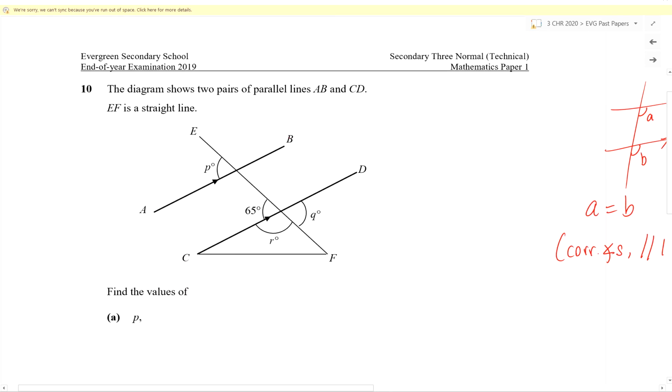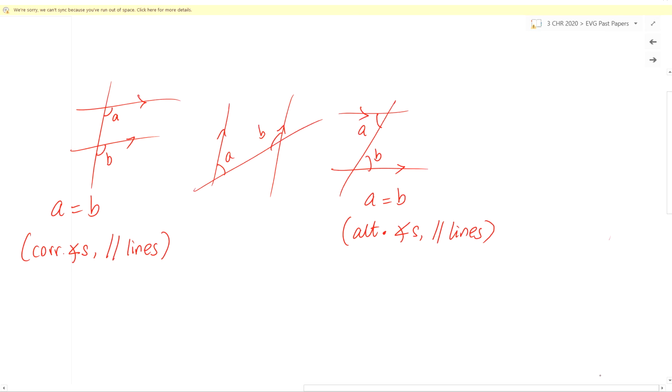Look only. You have to look and judge. Is the angle the same? No, right? They are not the same. So can you tell me A equals B? Cannot. So these two, we have A equals B, but this is not A equals B.